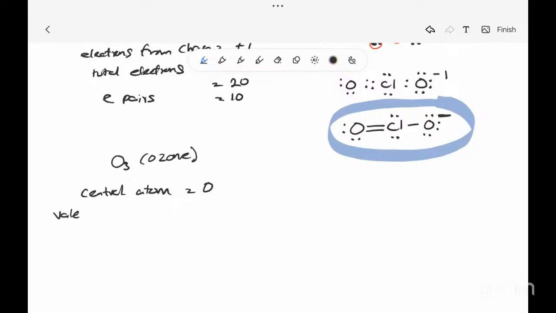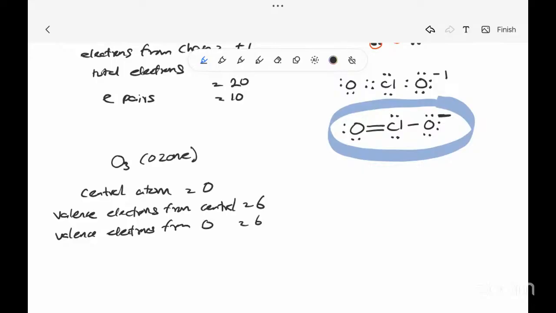But for the term test you have to write this down. Valence electrons from central atom, 6, then valence electrons from oxygen, that is also 6 into 2.